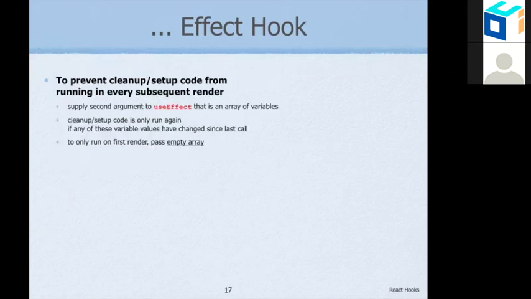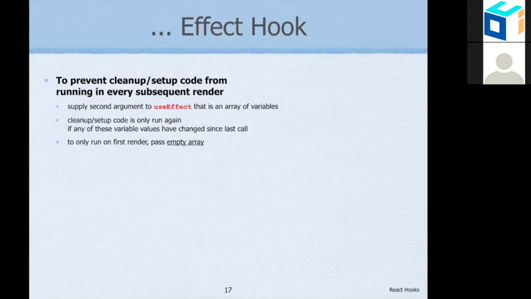You might have situations, and this is probably pretty common, where you don't really want to execute all of your setup code and your cleanup code every time the component re-renders. To avoid that, you pass a second argument to useEffect that's an array of variables. These variables are ones that it's going to compare to their previous value.